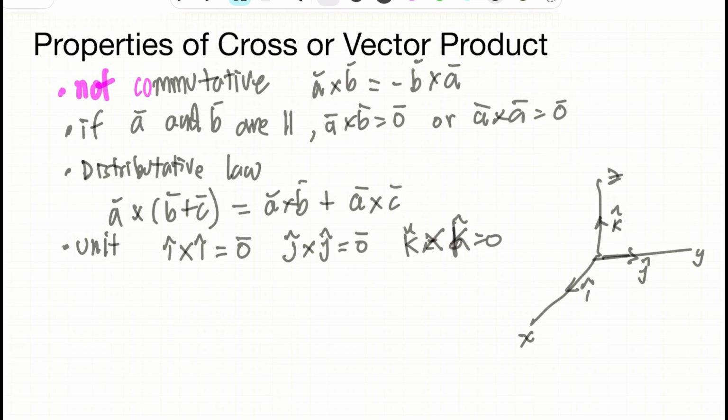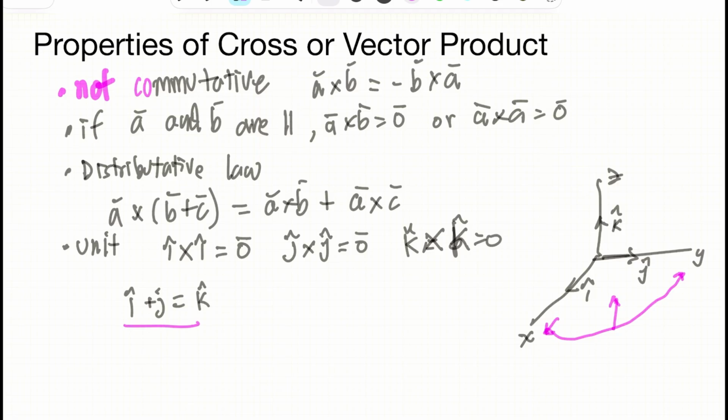Now, just using our right-hand rule, if we take the case where I cross J, that's equal to K, and let's verify that. If we start pointing in the X direction and rotate it toward the Y direction with our right hand, our thumb would point in the K direction.